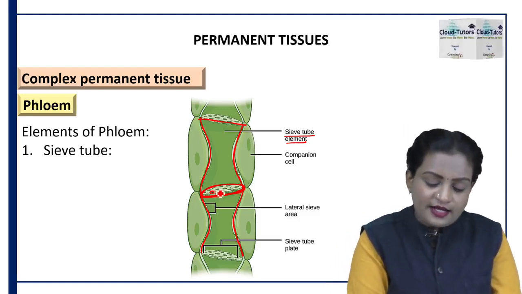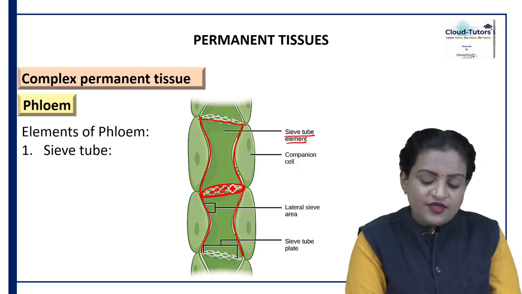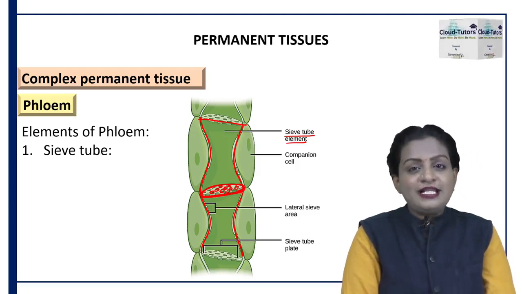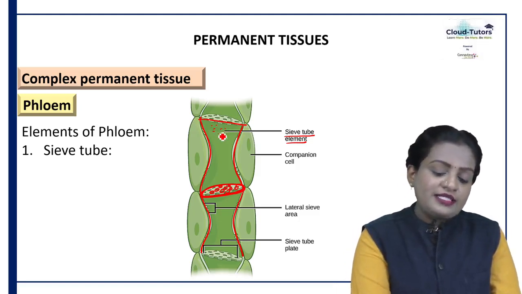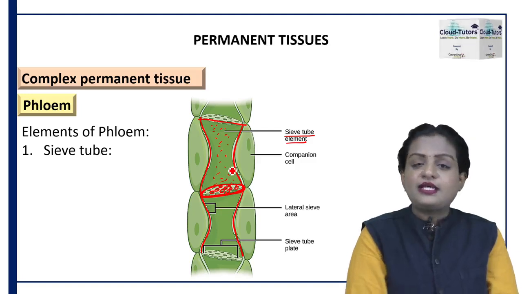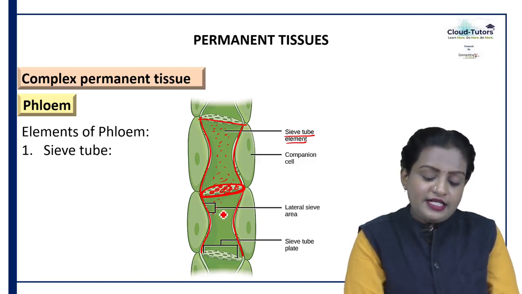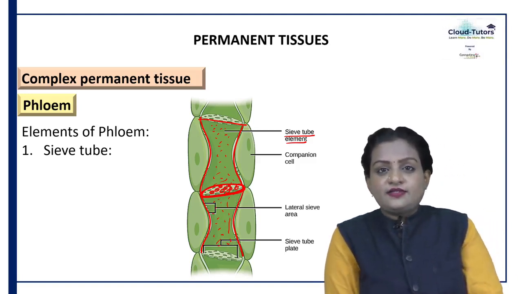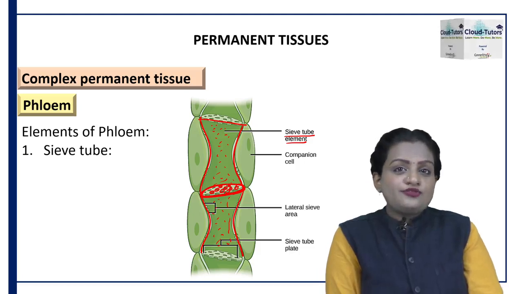So you can see there are pores in the cell wall which form a sieve-like structure, which will help the cytoplasm of one sieve element, that is this sieve element cytoplasm, to be in continuous contact with the second sieve element. So cytoplasm is continuous. But what about nucleus?